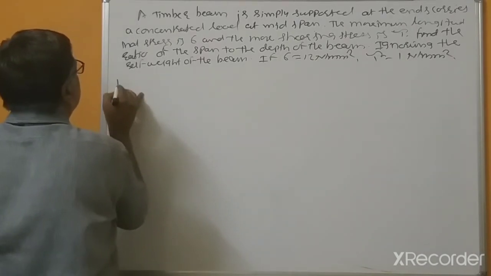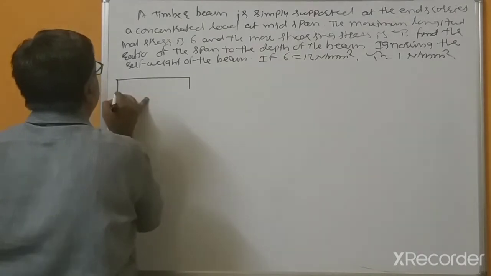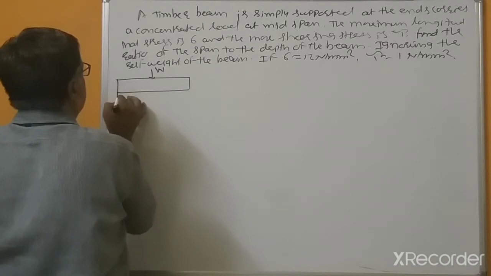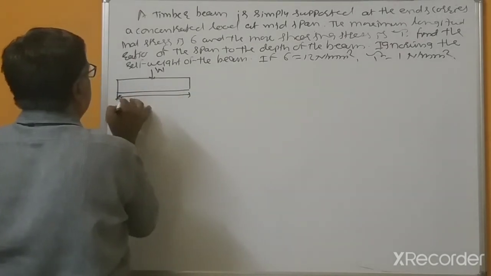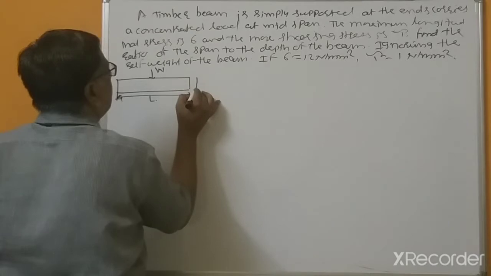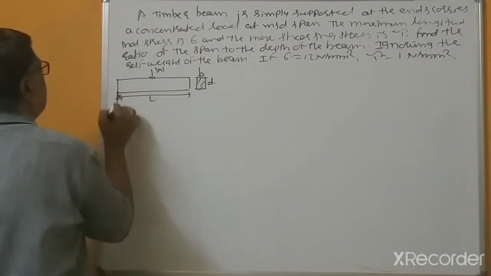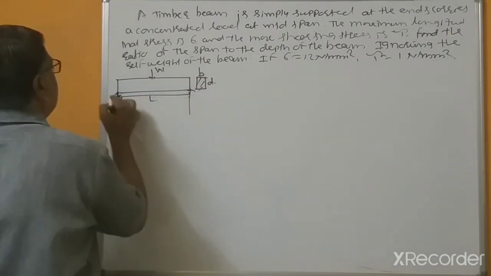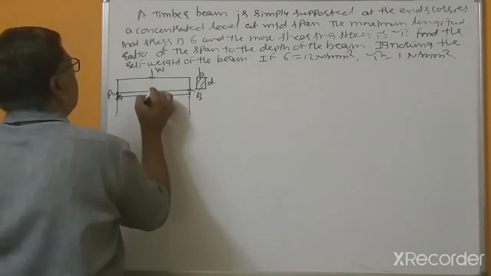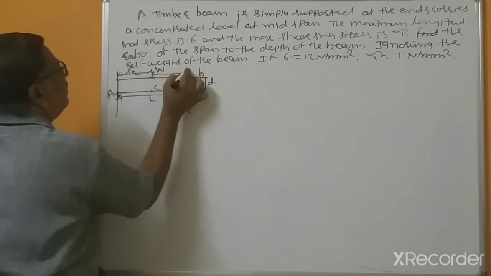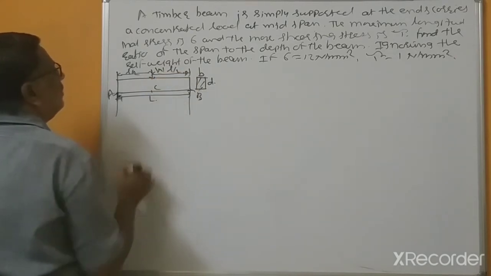Suppose this is a beam, load acting W, length let this be L, cross section BD. This is point A, point B, and this is C. This distance equals L by 2, L by 2.